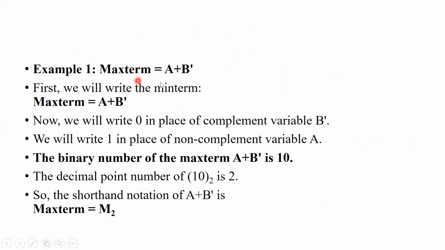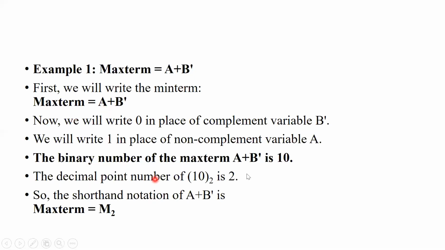So suppose I have the max term. So you write down this example also. A plus B dash. So wherever there is a complement, we take the value 0. Wherever the literal is as it is, we take the value 1.